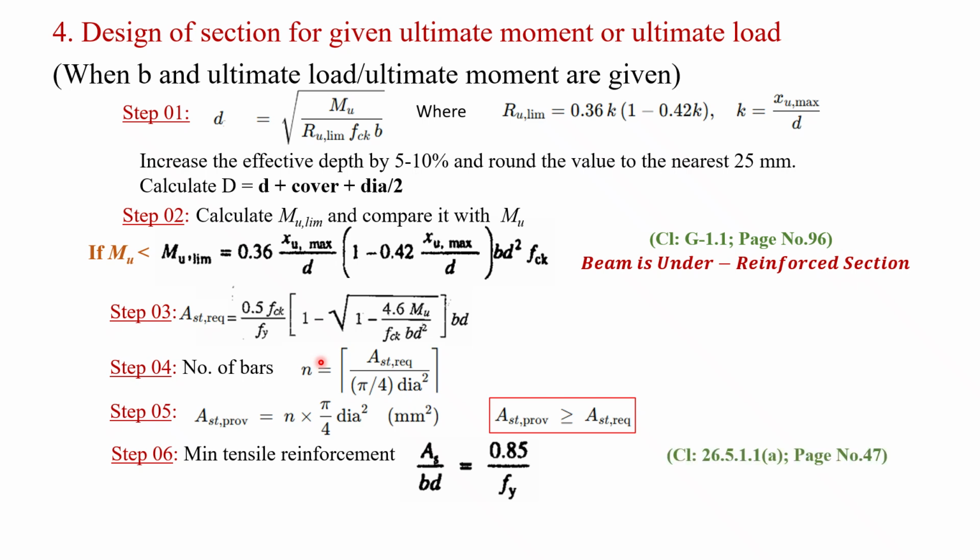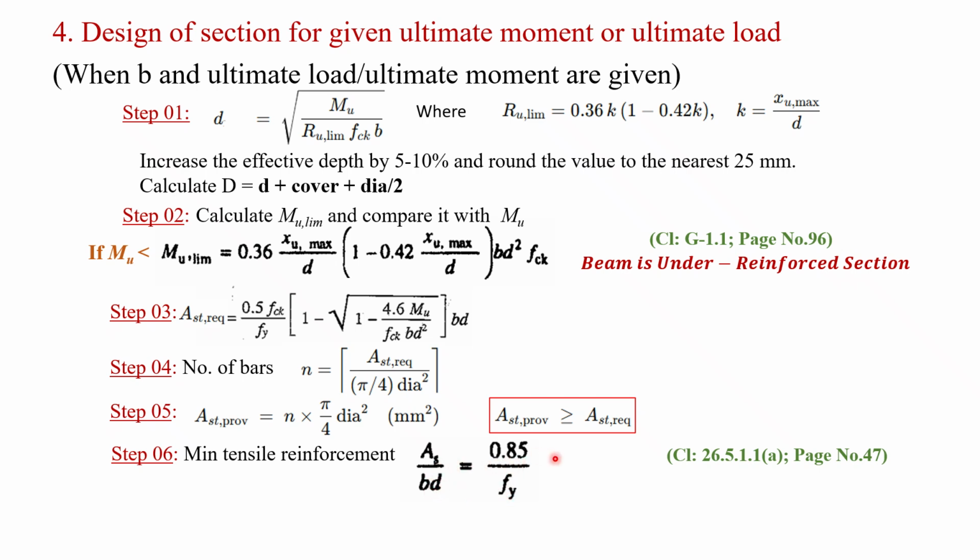As per clause 26.5.1.1a, page number 47 of IS 456, the minimum area of tensile reinforcement should be calculated using this value: As over bd equals 0.85 over fy.